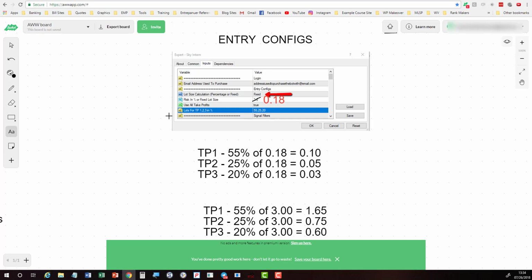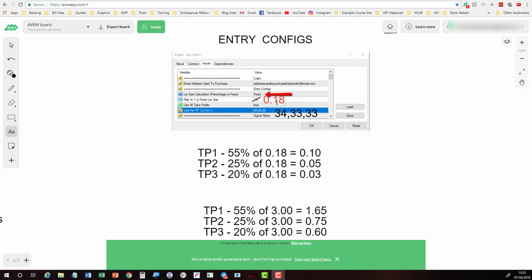Okay, so but basically what you would have to do, the first order would probably be a little bit higher, right? But then you would probably have to do something like 34, 33, 33. That would equal out to 100.